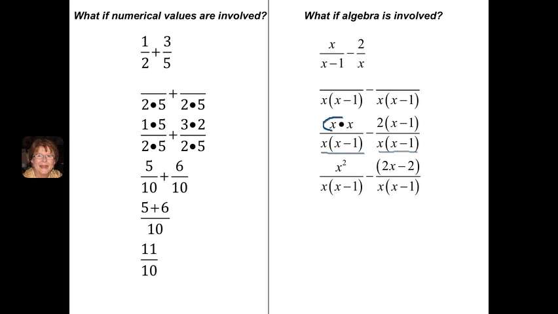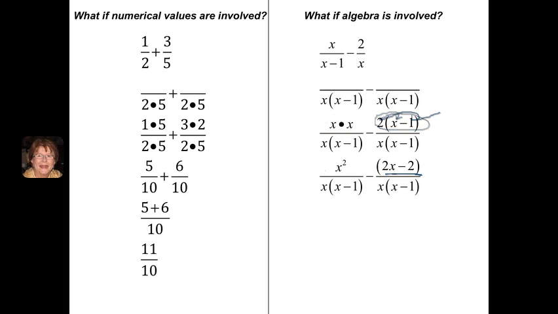Simplify those numerators using the rules of algebra. So x times x is x squared, and 2 times x minus 1, you're going to multiply the 2 by both terms. 2 times x is 2x. 2 times negative 1 is negative 2.